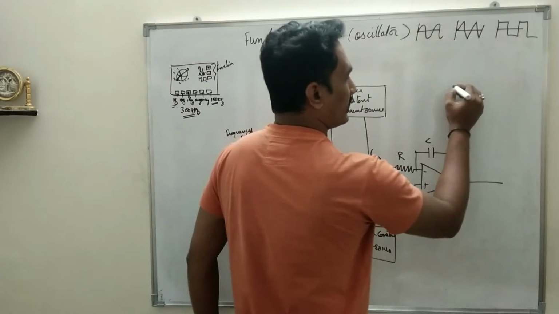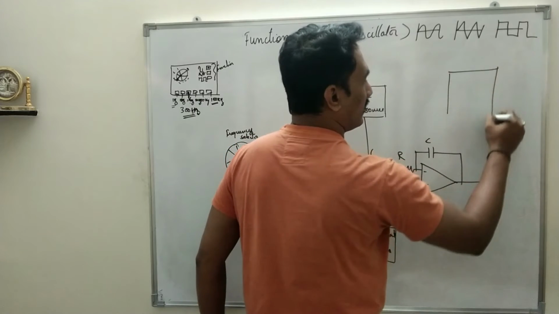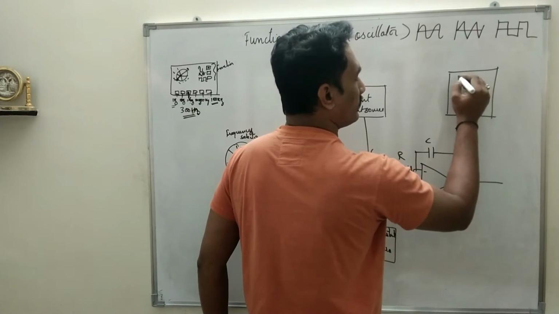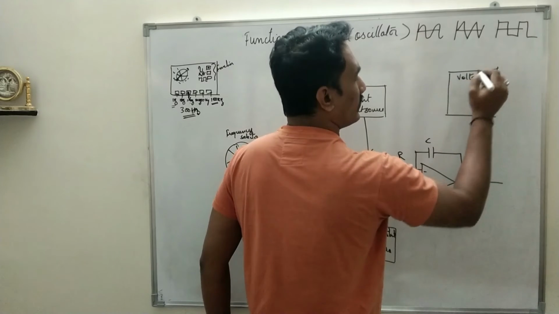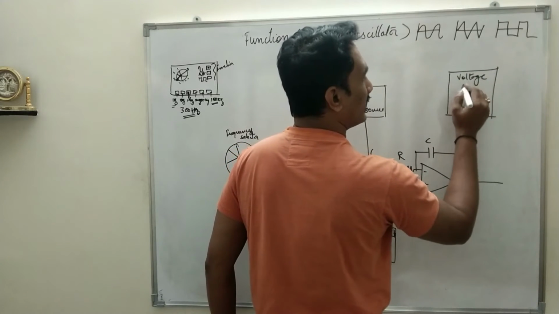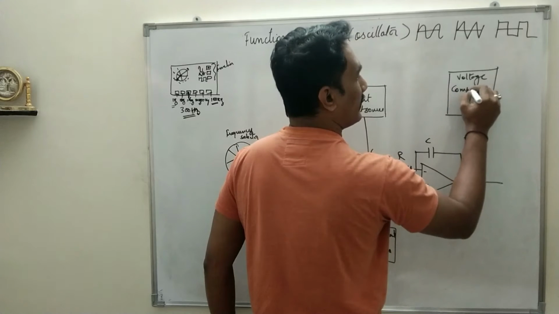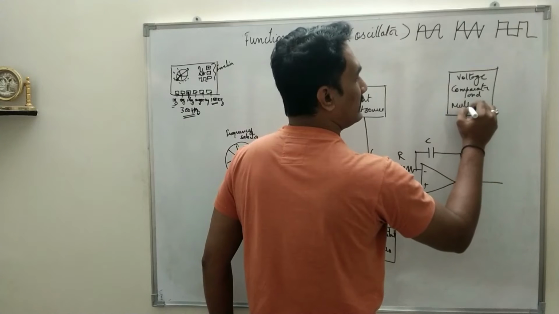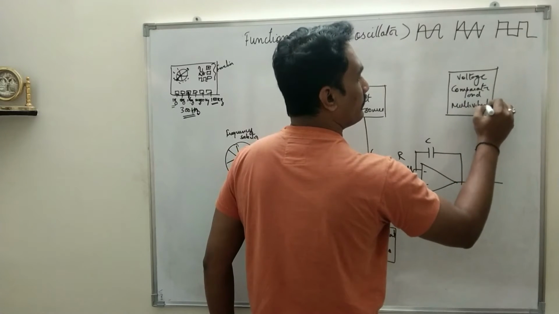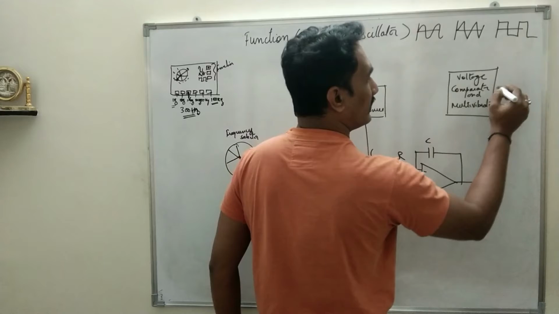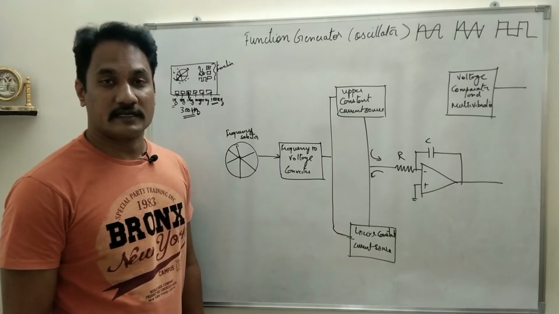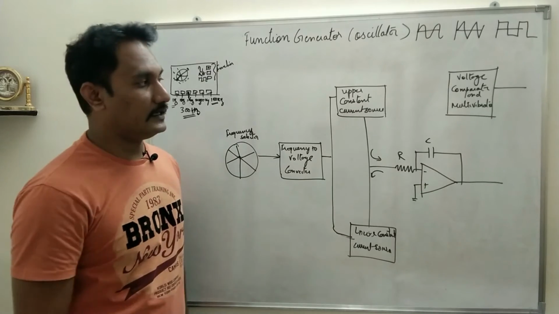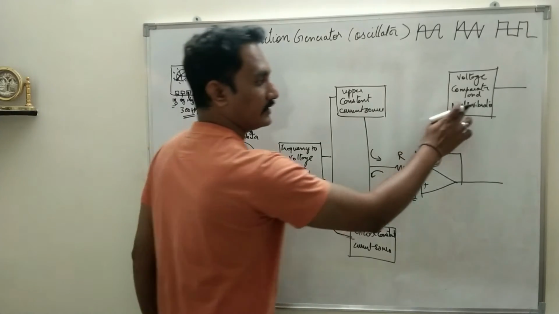Then next there is a block called voltage comparator and multi-vibrator. Multi-vibrator we have already studied in chapter number 5, sequential circuits, flip-flops, in paper 2. So that multi-vibrator will be used.